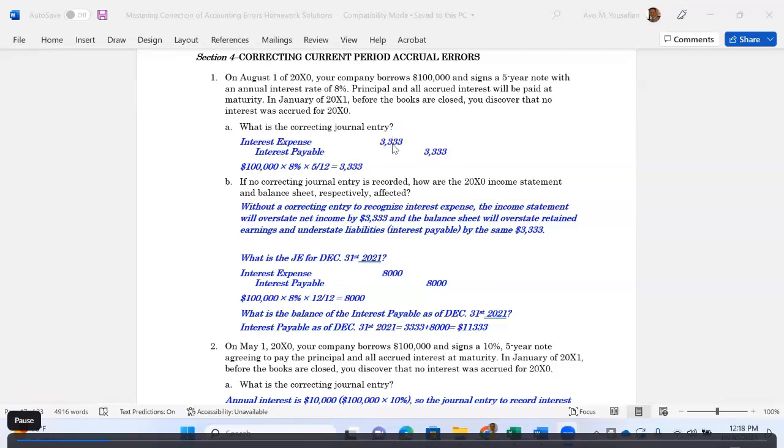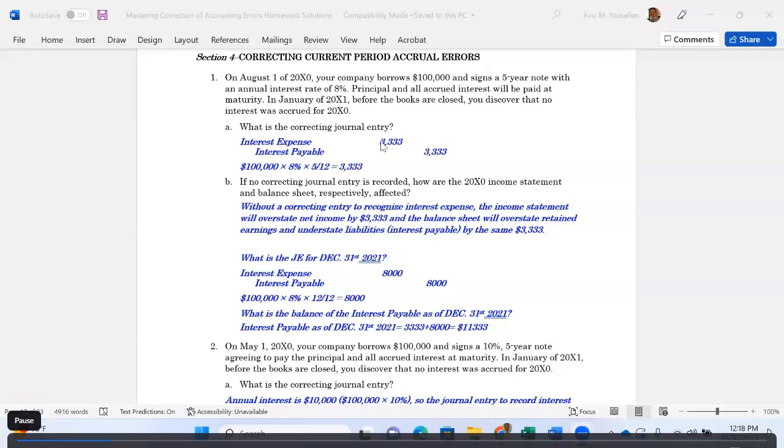And if the profit is understated in the income statement, then the retained earnings in the balance sheet will be understated too. And if you don't record this liability, the liability will also be understated.